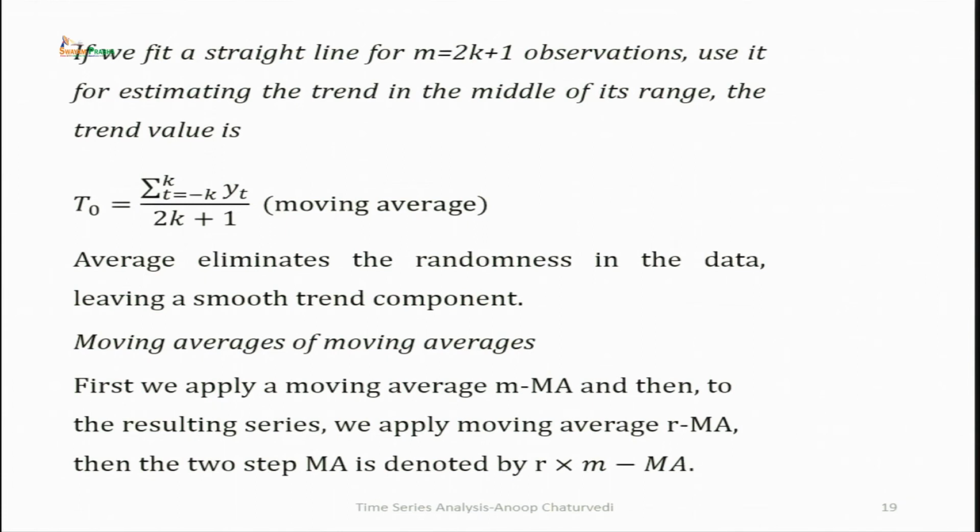say if we change the origin so that your new origin is in the middle of the range, then the estimated trend value in the middle of the range was simply the arithmetic mean of 2k plus 1 observations.